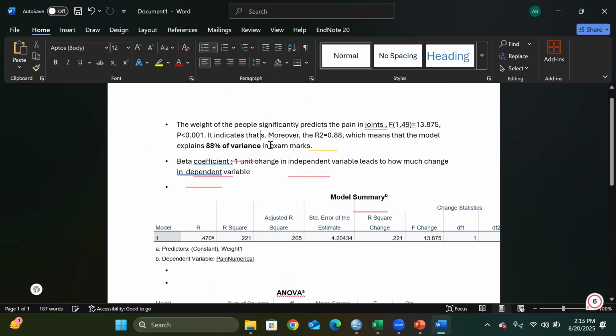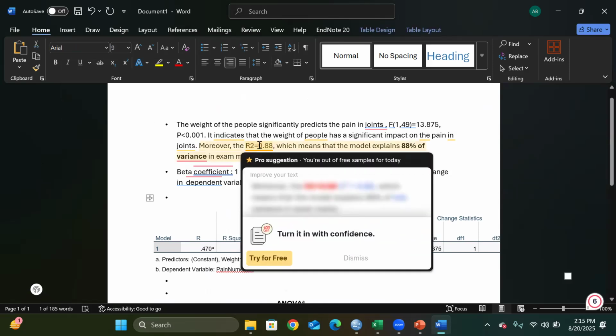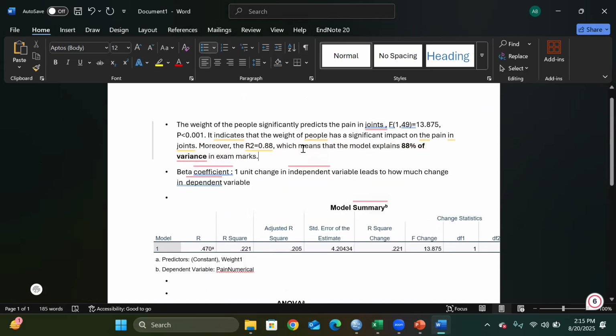It indicates that the weight of people has a significant impact on the pain in joints. Now my question is again, how much is the effect? The R square value here... you can even use the adjusted R square value.